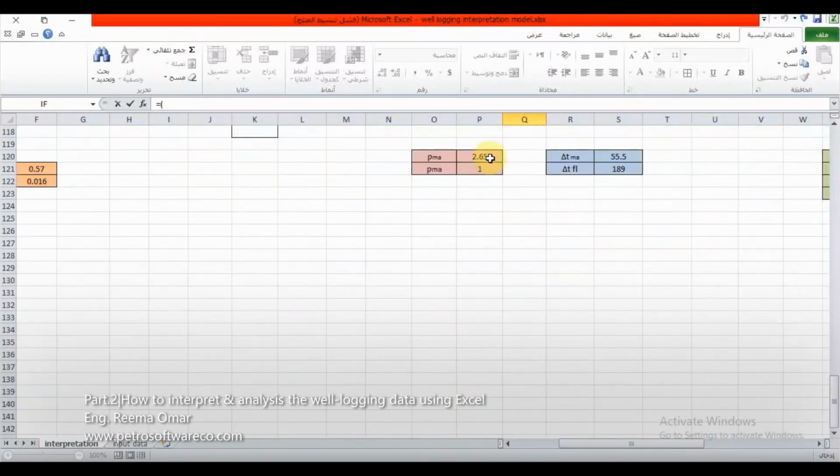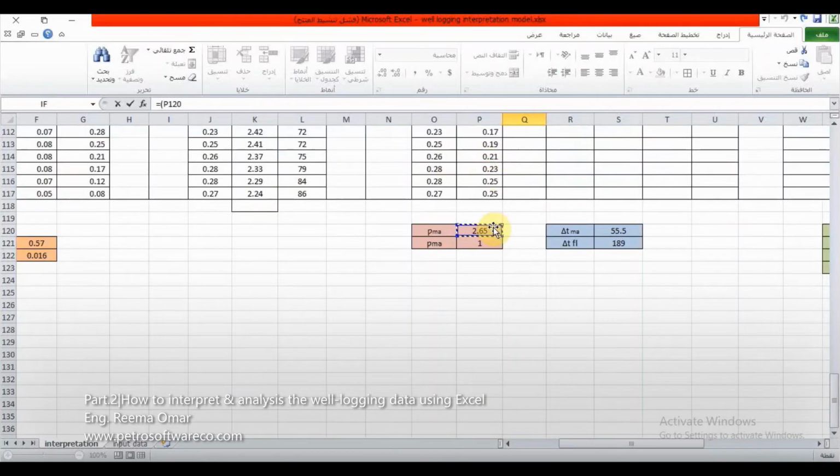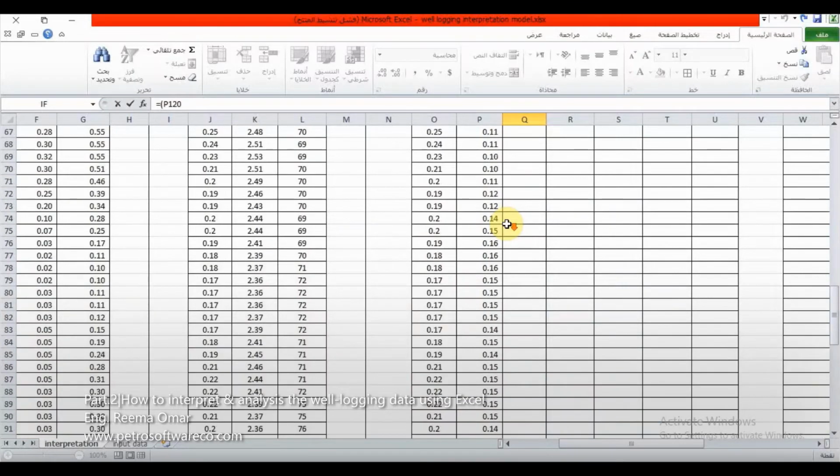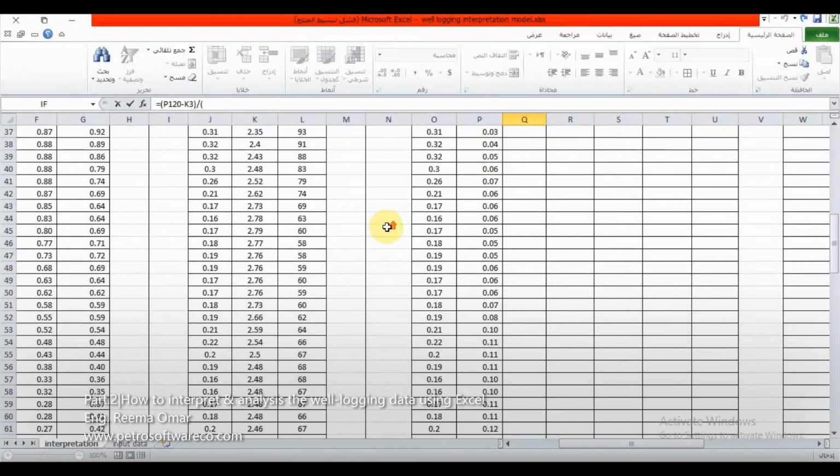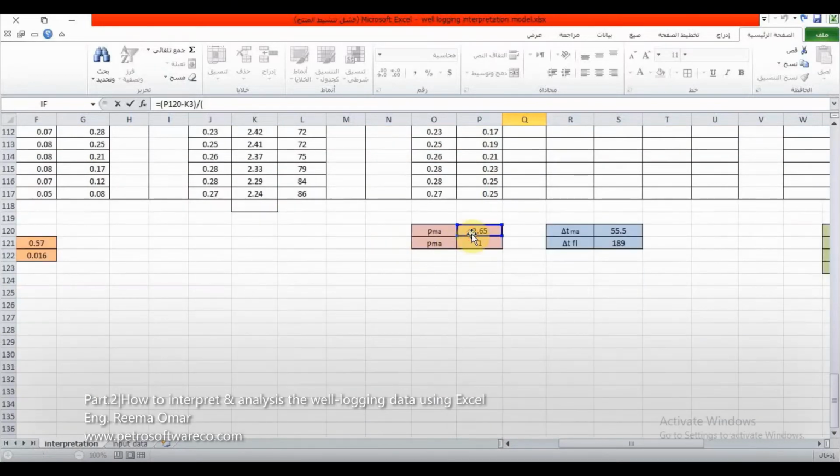This zone is a sand zone, so we need the density of the sand matrix minus bulk density, divided by matrix density minus density of fluid.